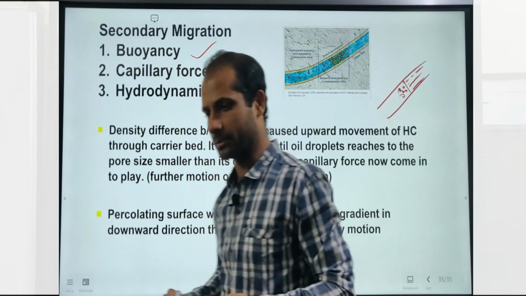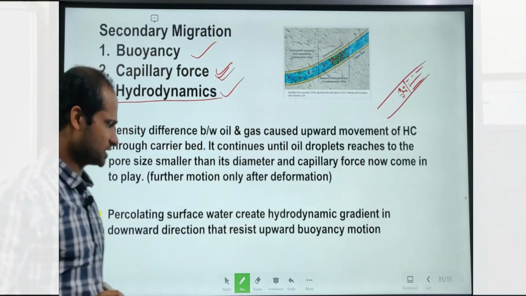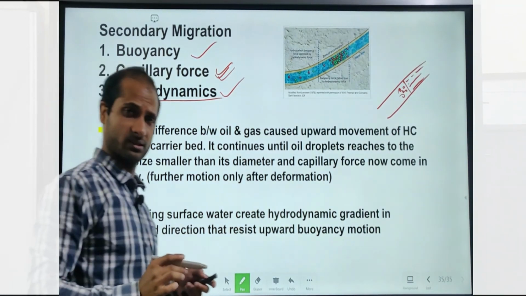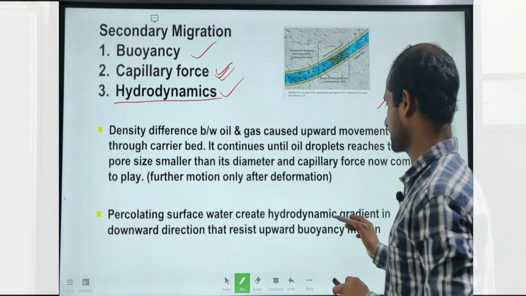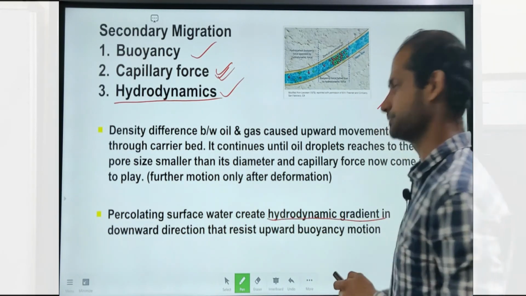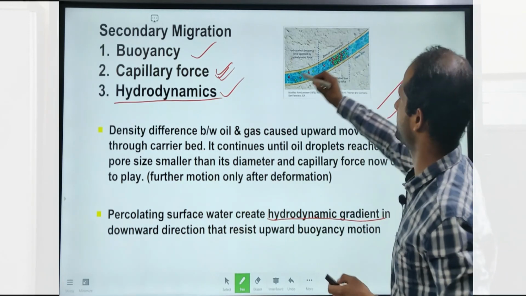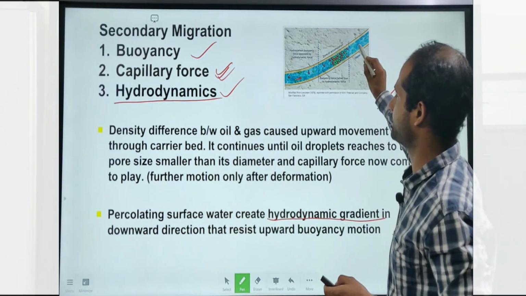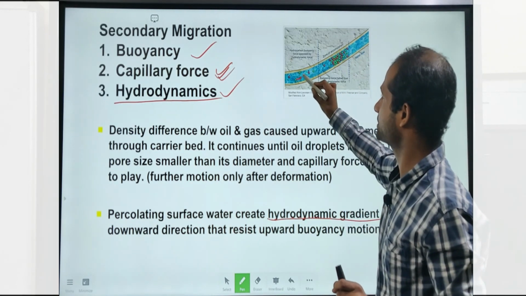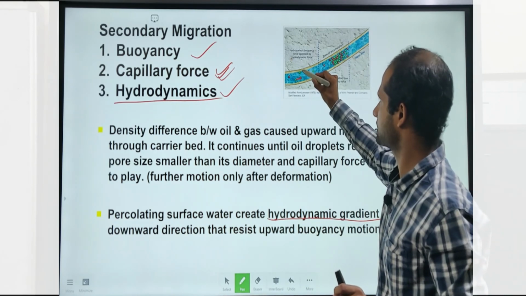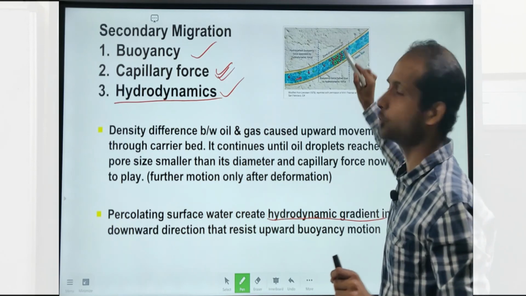So the next question: where does hydrodynamics come into play? Hydrodynamic trap we have already discussed; over there this hydrodynamic effect comes into the picture. This pictorial representation is one of the good representations. Here we can see red is gas, the green bubble is oil, and the blue color is water.